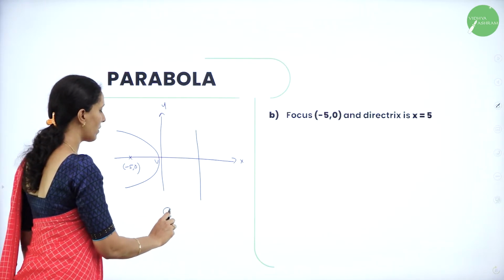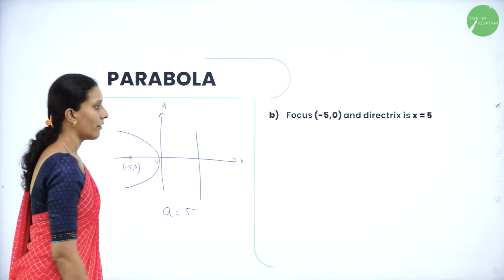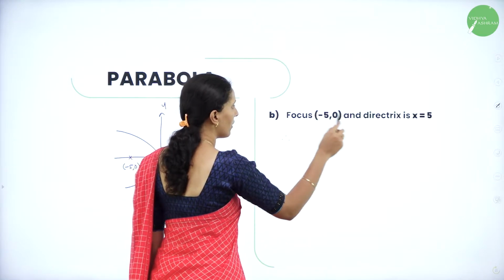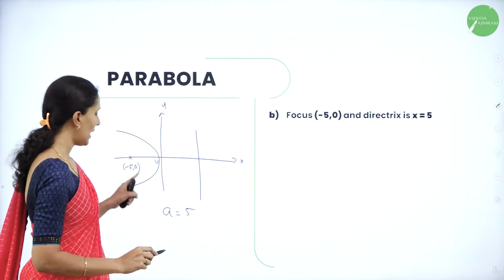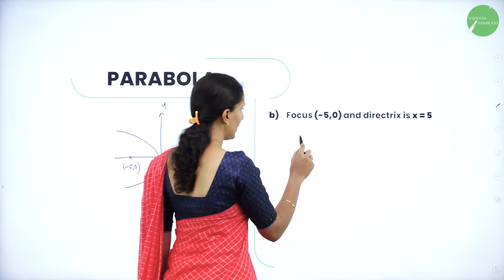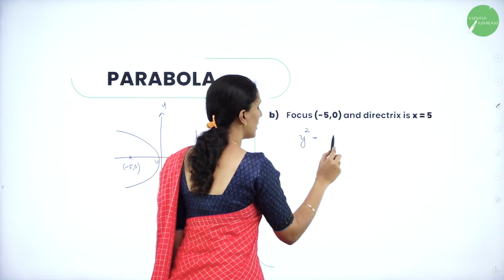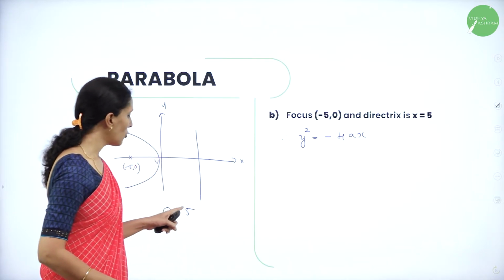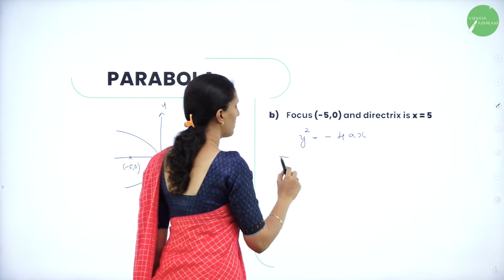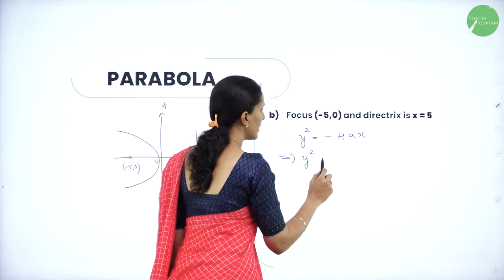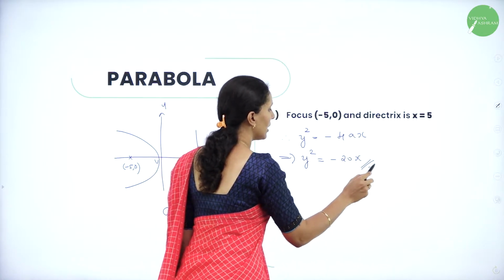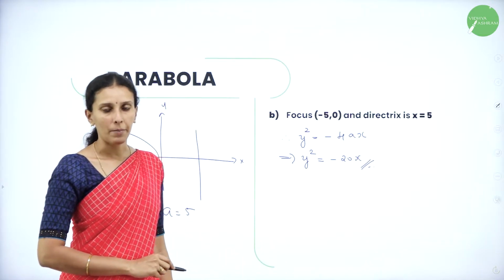So from this observation, what we can conclude, the value of a will be 5. So therefore, the general equation of the left-handed parabola will be y square is equal to minus 4ax. Since we know the value of a is 5, this implies y square is equal to minus 20x. So this is the equation of the parabola.